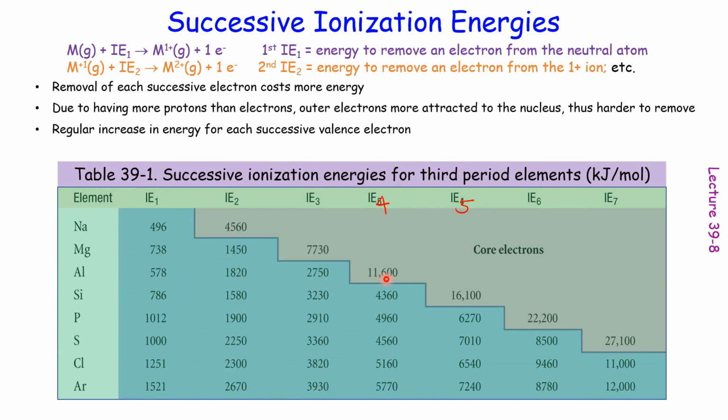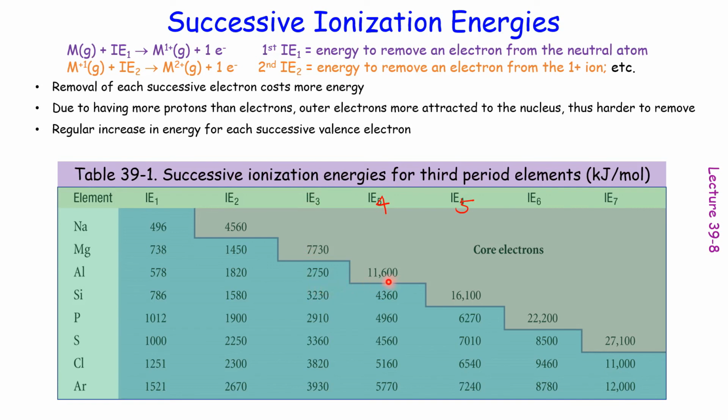However, the fourth ionization energy for aluminum, that's actually the removal of the first core electron. This one is not a valence electron anymore for aluminum. And look at the energy increase from the third ionization energy to the fourth.